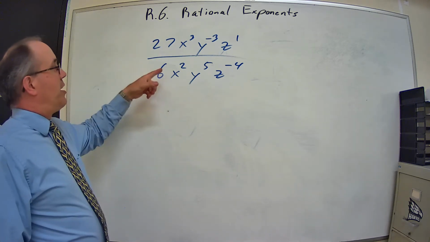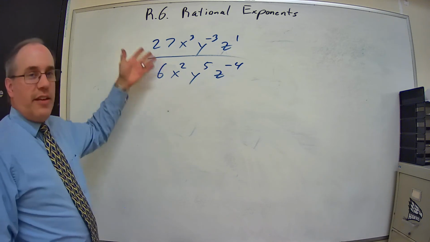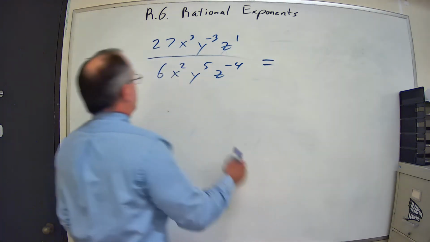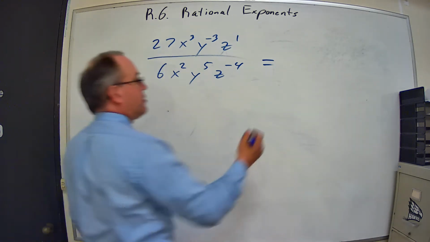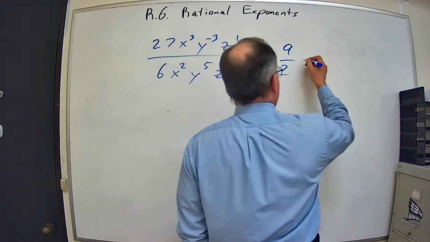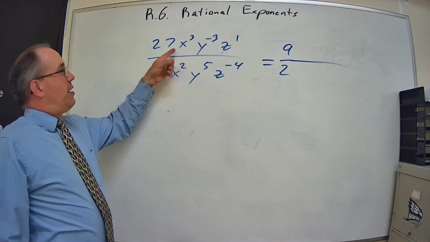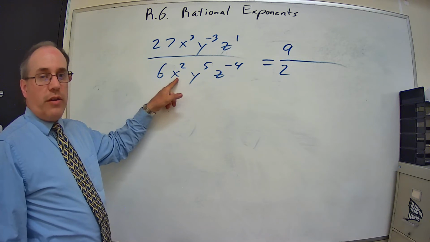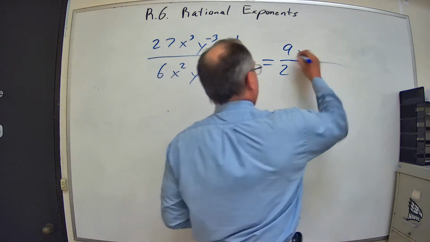Well, we can use the quotient rule and simplify the constant parts. 27 over 6, we see a common factor of 3, so we can turn that into 9 over 2. And then we can look at x cubed over x squared. 3 minus 2 is 1, so x.